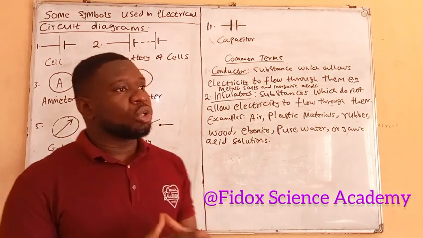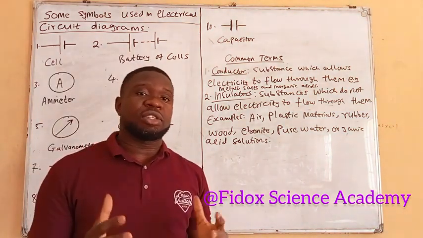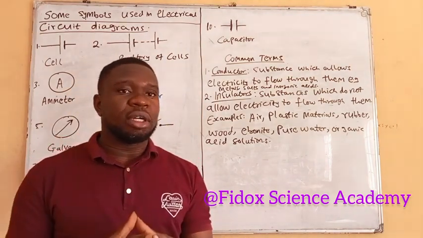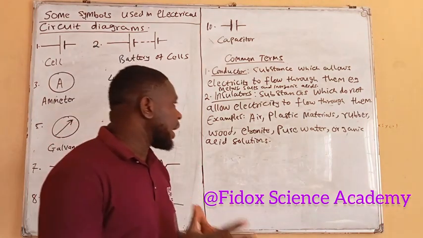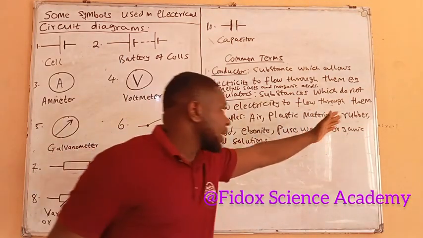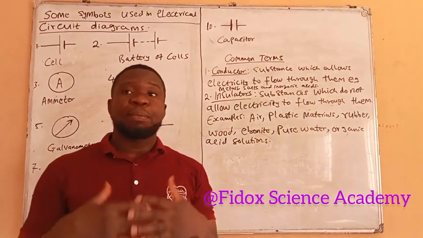Insulators or non-conductors are materials or substances that do not allow the passage of electricity through them. Examples are woods, rubbers, ebonite, and pure water.